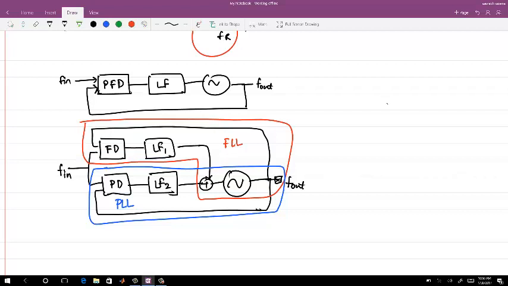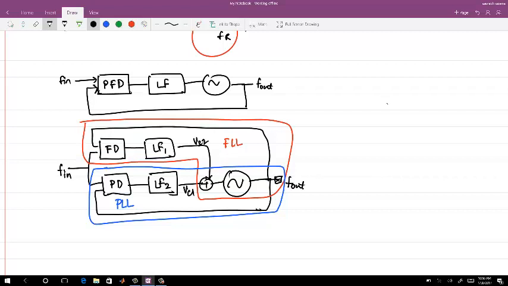Now when you are controlling your VCO control voltage only with the PFD, whatever loop filter you are using has to be decided by both the frequency and phase error. Just for an example, let's say this is VC1 and this is VC2.